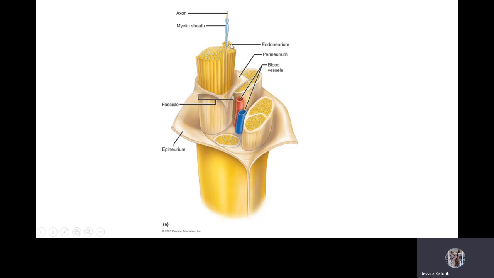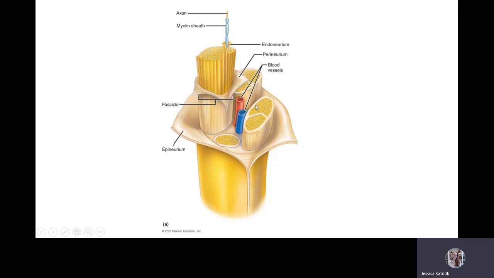Around the axon and the myelin sheath, we have our deepest layer of connective tissue. This is the endoneurium, and it wraps around each of these axon and myelin sheath units. We can then take a bunch of these wrapped axons and form a fascicle. This fascicle is then wrapped with another layer of connective tissue called the perineurium, located here.